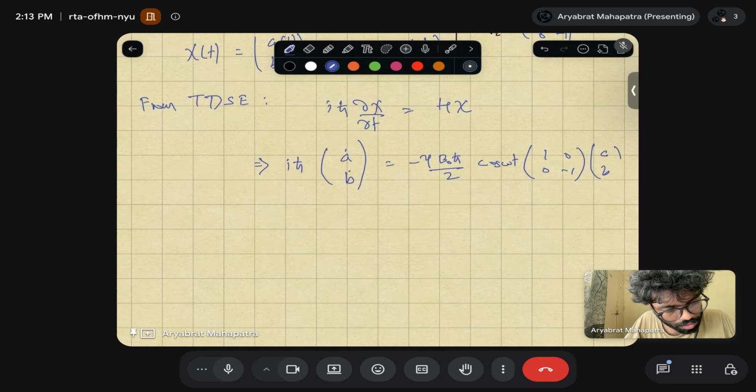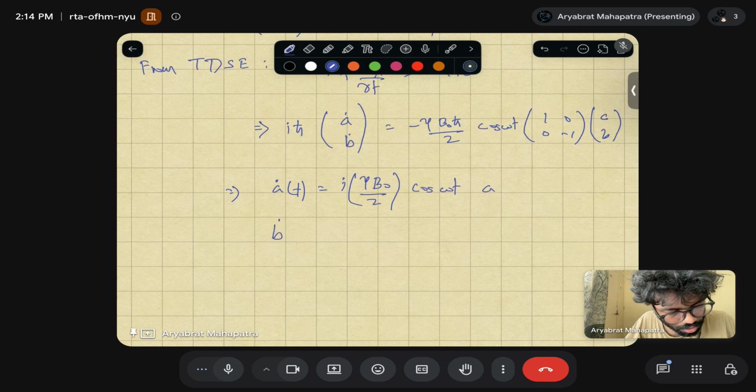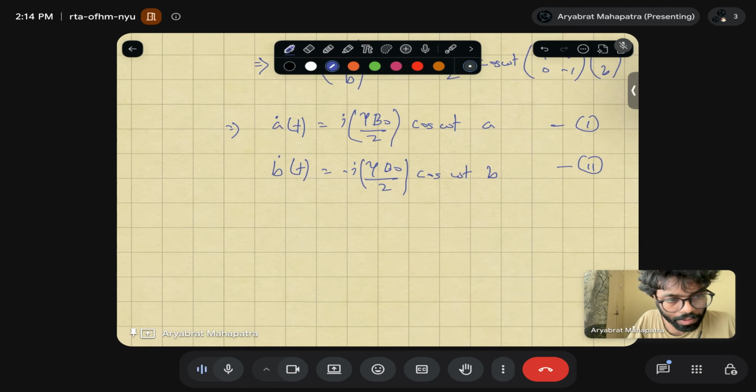Acting on a and b, your expression becomes a dot of t is i gamma B naught by 2 cos omega t times a, and b dot of t is minus i gamma B naught by 2 cos omega t times b. Now we have two equations, equation 1 and equation 2, which are not coupled this time.